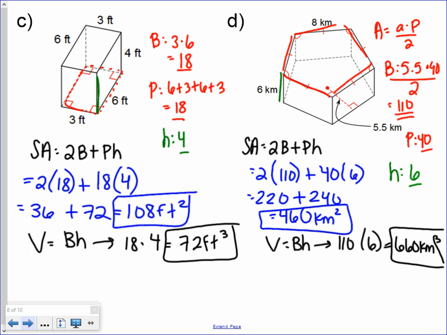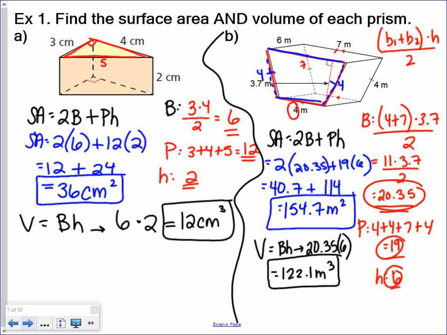So I know I'm like a broken record, but your B and your P depend on the shape of your base, specifically the B. Okay, last question here. So those were 4 examples that each had a different shape of the base.